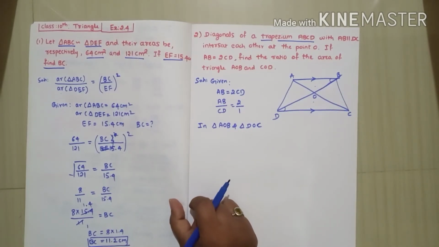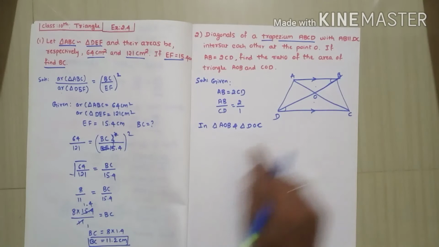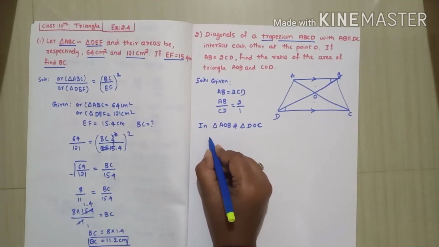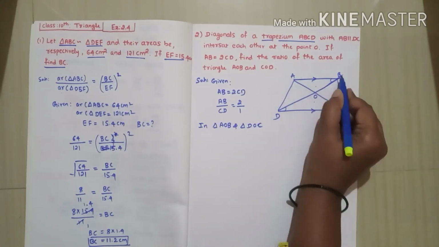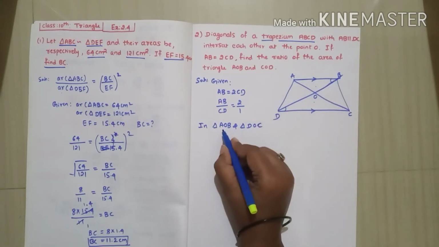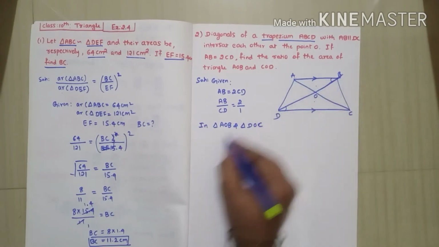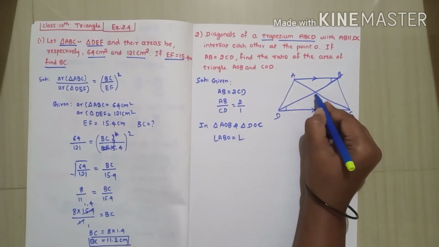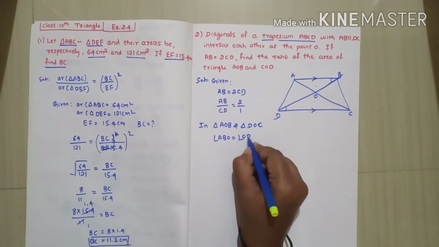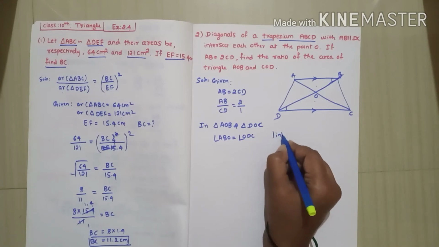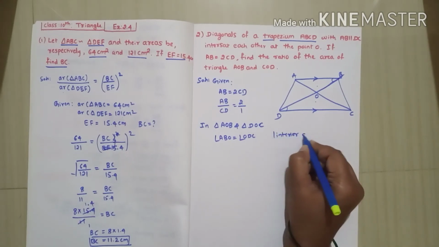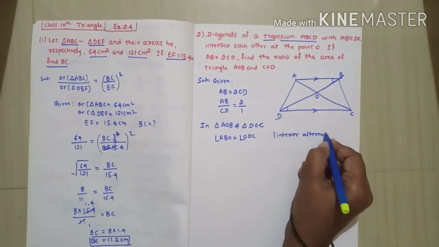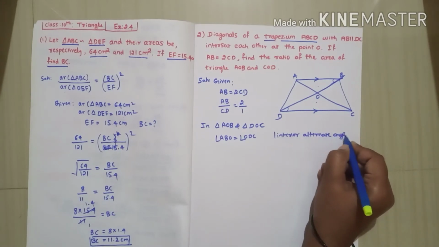Interior alternate angles are equal if the lines are parallel. Therefore, angle ABO is equal to angle ODC. What is the reason for that? Interior alternate angles are equal if the lines are parallel.